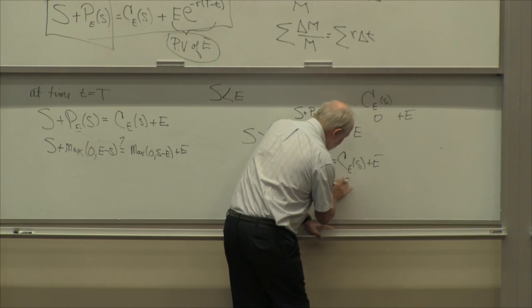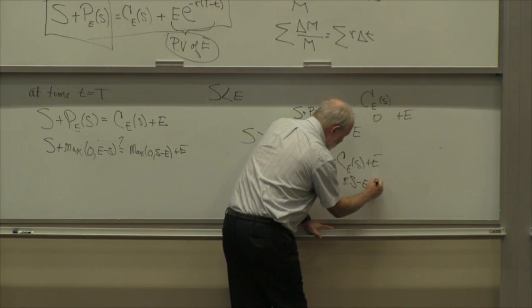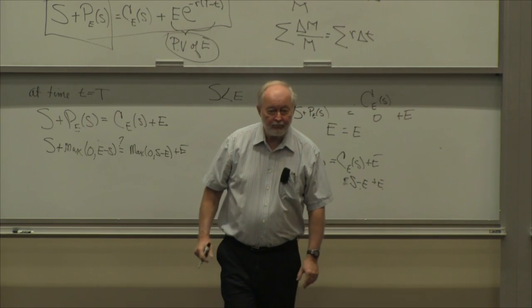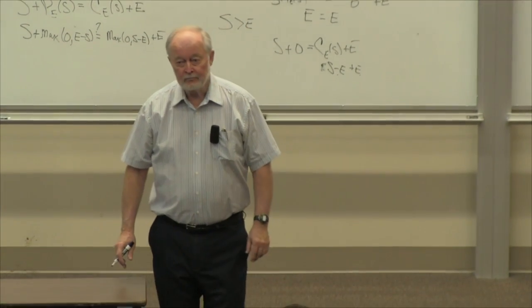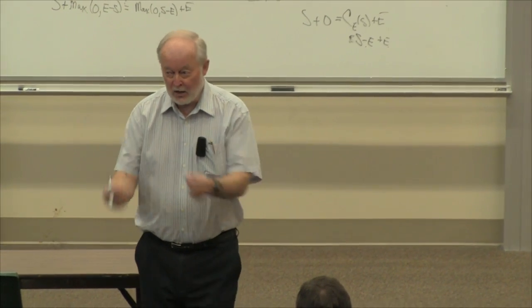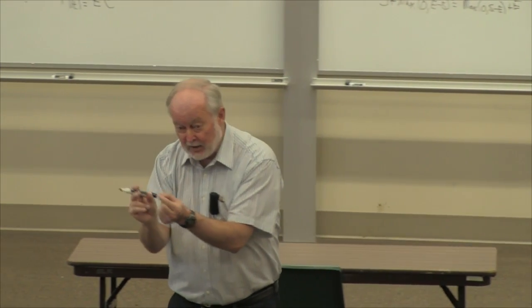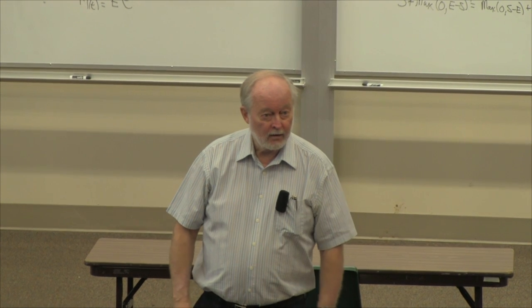This is equal to S minus E, the value of the call, plus E. The two E's cancel, and I have S equals S. So both sides are equal. The amount of profit I'll make is S minus E. I've got E dollars from the bank. The E's cancel out, and I have S equals S. Okay?